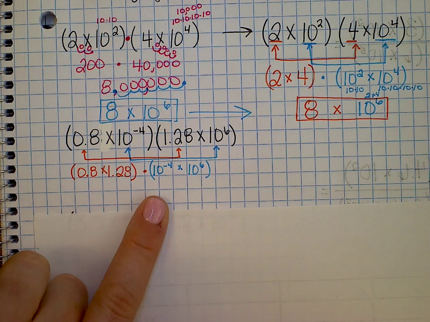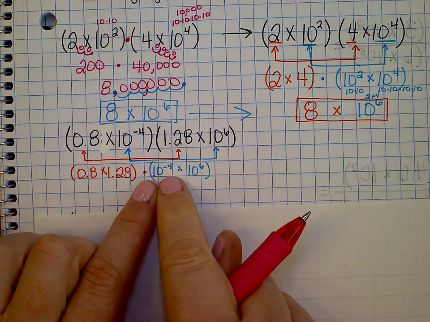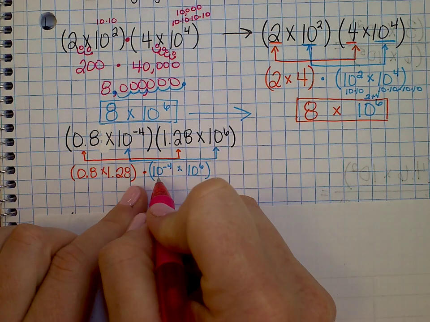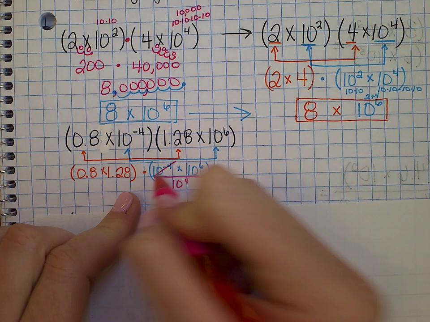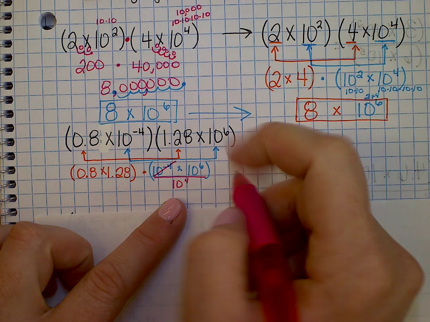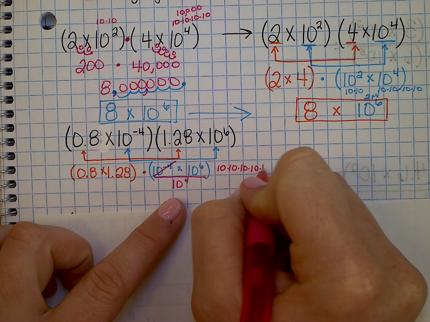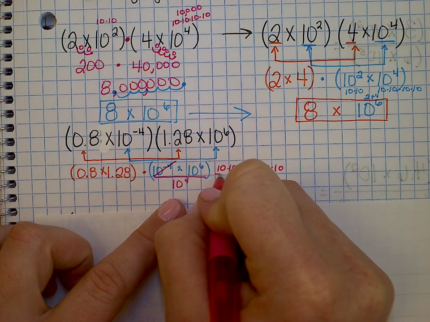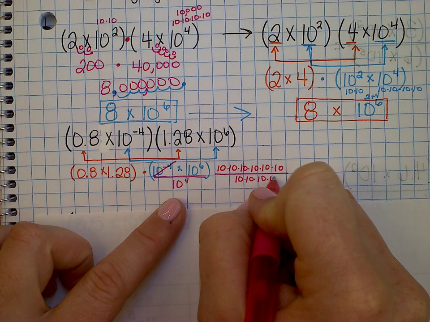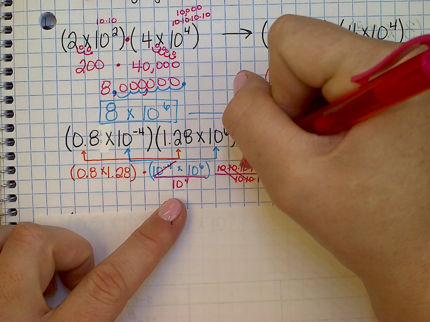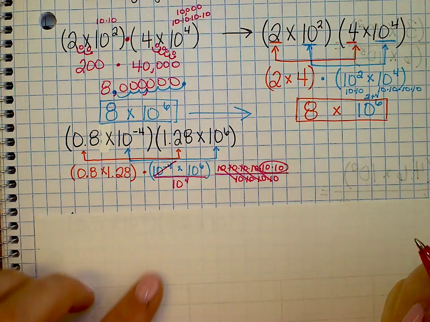Okay, now think about our rules for exponents. If I have something to the negative fourth power, I can write it on the bottom. Then I have 10 to the sixth, so 10 to the sixth over 10 to the fourth. So I'm left with 10 squared.